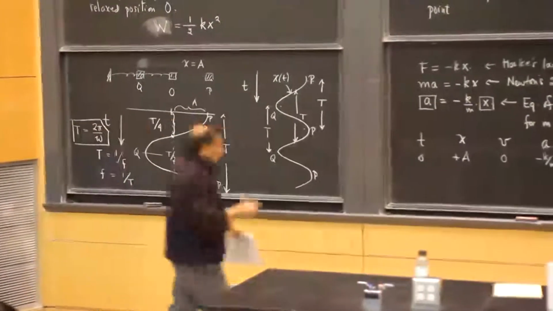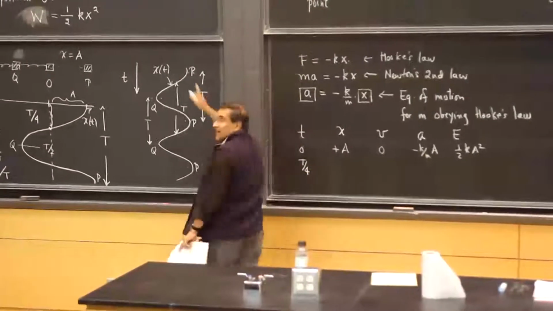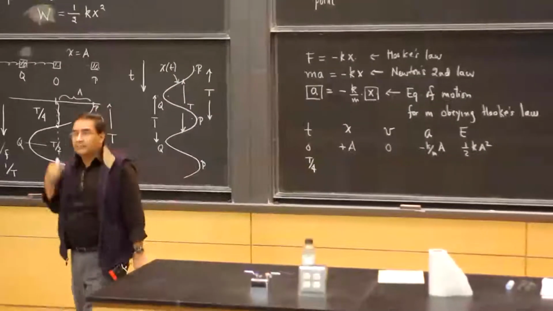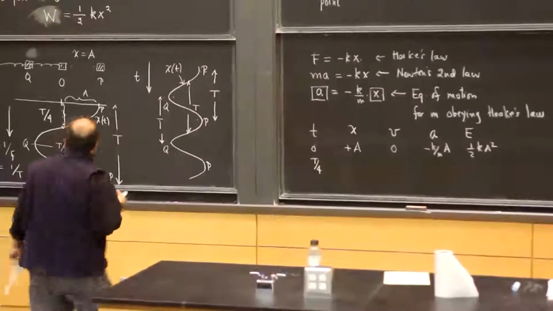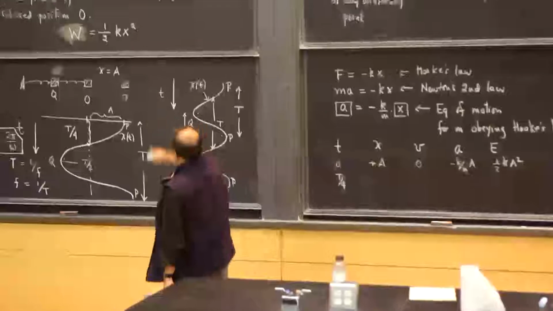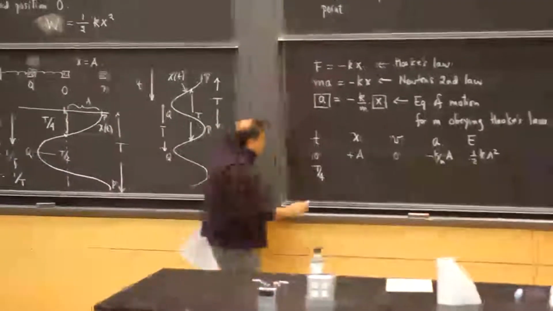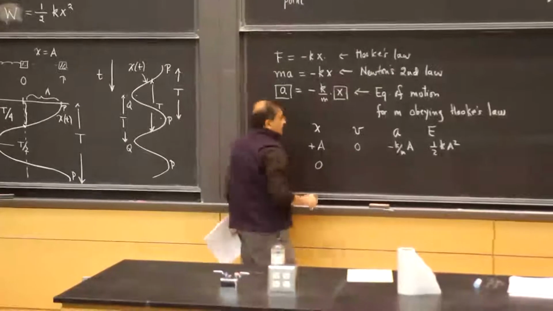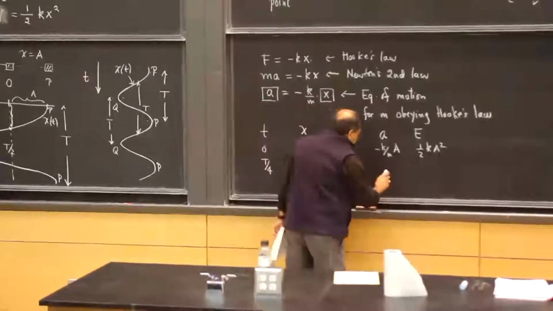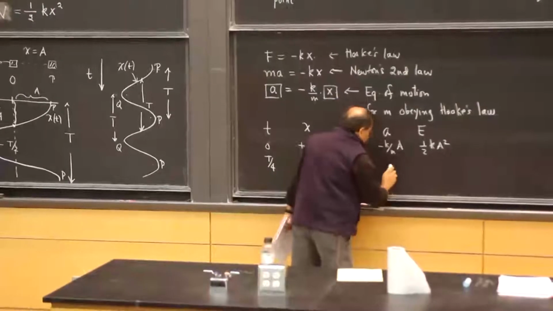So I can actually write down what happens at T over 4. Now if you imagine this oscillation happening in front of your eyes, at T over 4, what is the position? The position is at O. So if the position is at O, x must be 0. If x is 0, the equation of motion tells you the force is 0.